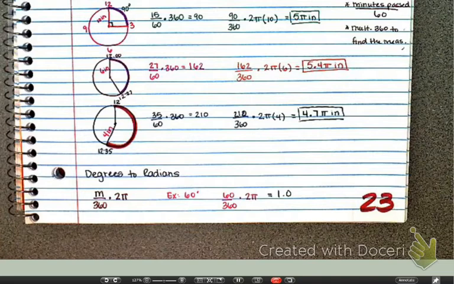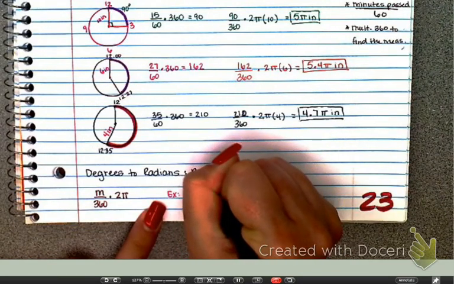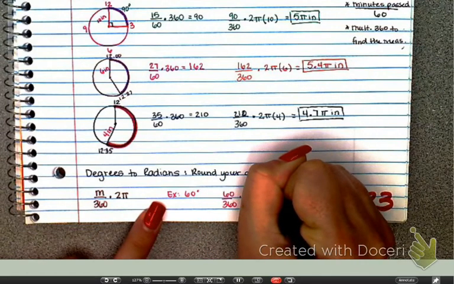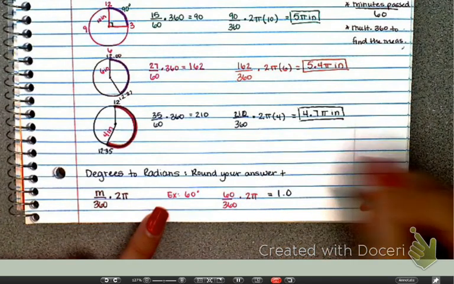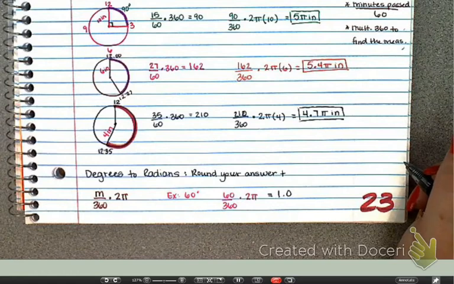So 60 divided by 360 times 2 pi, and I want to round to the nearest tenth. What do you get when you do that? What'd you get?